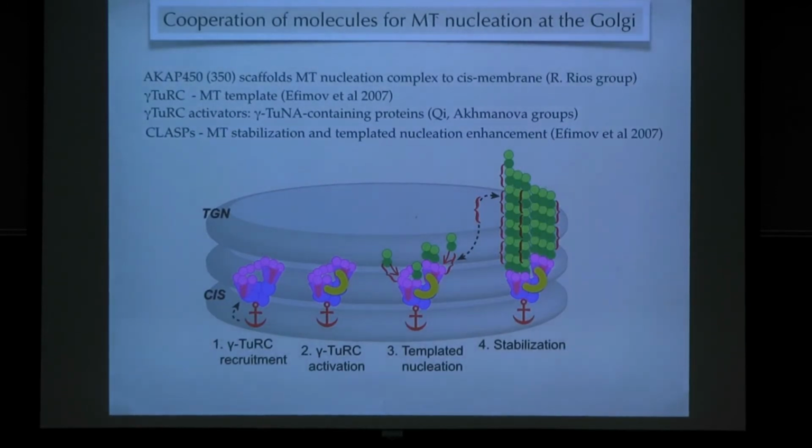And this is a very, very short and incomplete list of the factors that I have here. What is important for us to know is that gamma-TuRC, which is the main template of microtubule nucleation, is necessary for Golgi-derived microtubule formation, and that also two other groups, Kaverina and Akhmanova groups, have shown that gamma-TuRC activators are also important for Golgi-derived microtubule nucleation.